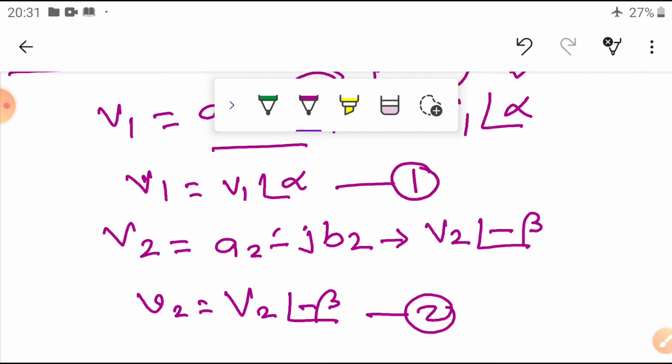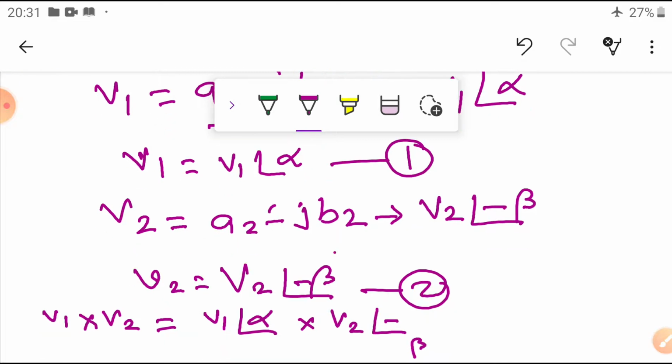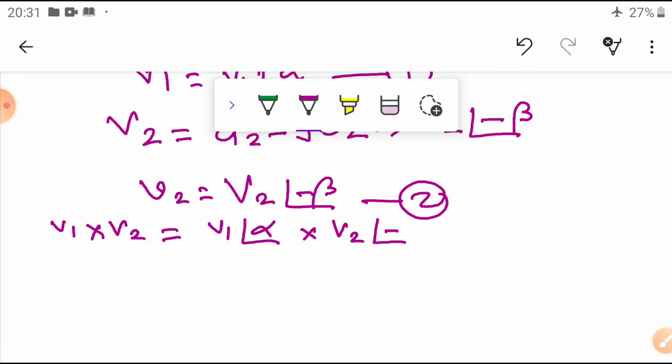Now multiply V1 and V2. V1 into V2 is equal to, what is V1? V1 at an angle of alpha into V2 at an angle of minus beta. Okay, so now you know the minus beta here. Now multiply the magnitudes V1 V2, and the angles you are going to add.